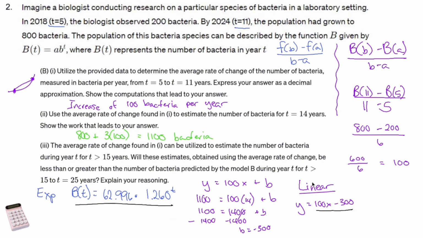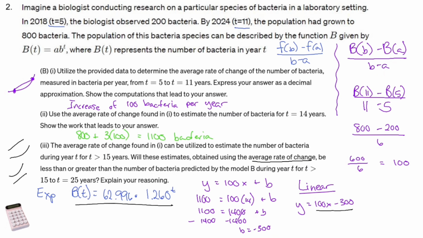I want to compare what's going on between 15 and 25 and see if the linear one is less than or greater than the exponential. So again, I'm going to get a picture like this, right? I don't know what my line is going to look like, but I need to find out, is my line greater than the exponential or is my line less than the exponential? And that'll be my answer to that.